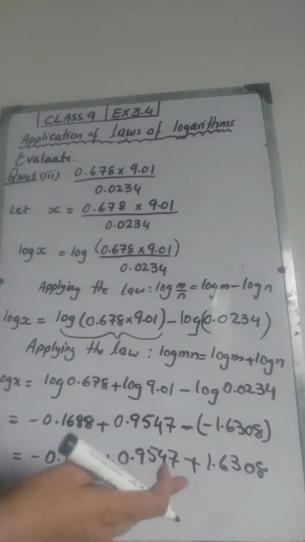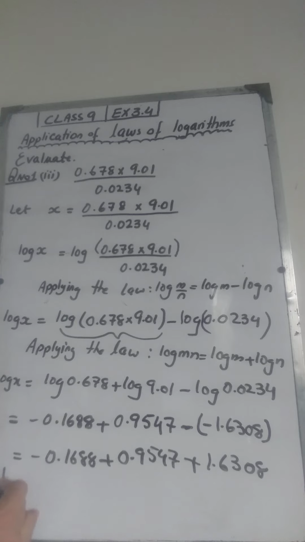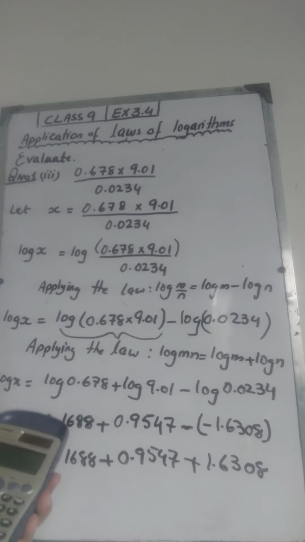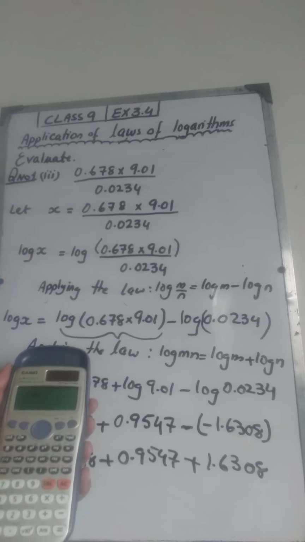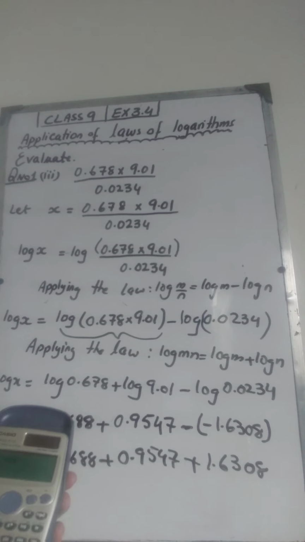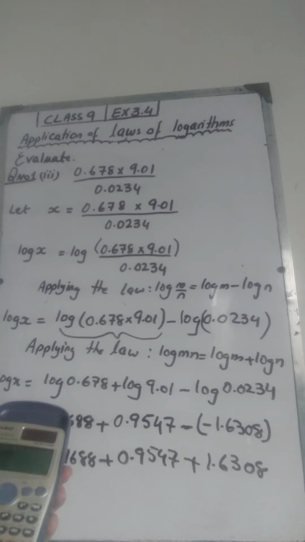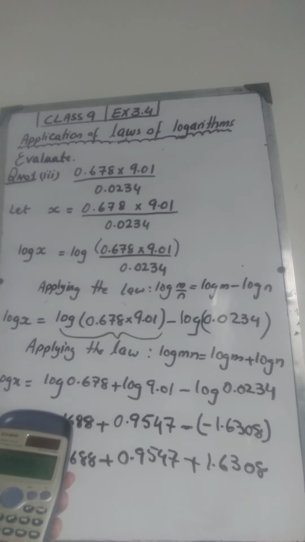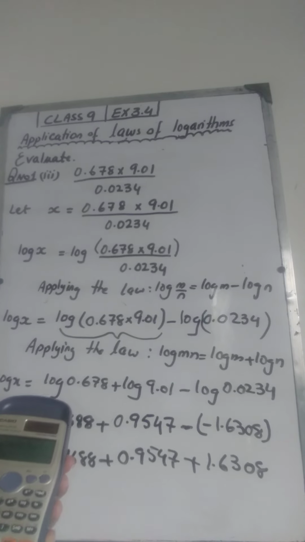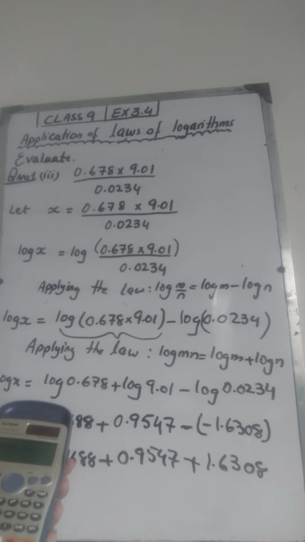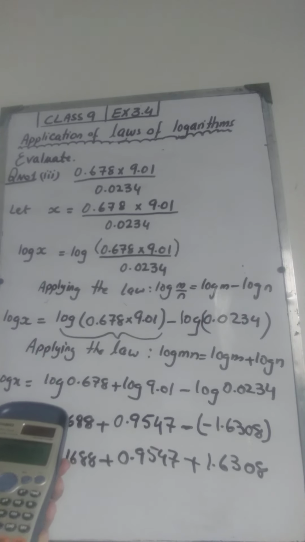1.6308. Now adding all these numbers, what we get is log of x is equal to negative 0.1688 plus 0.9547 plus 1.6308.